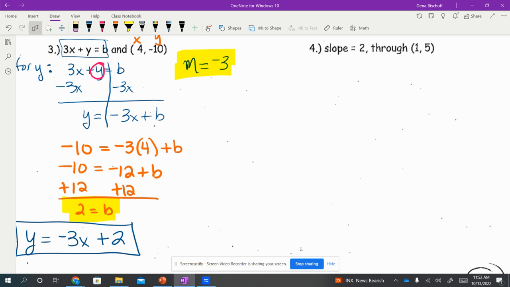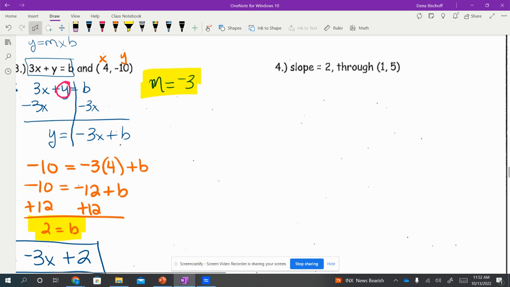So question number 4 just tells me what my m is, but it doesn't give me an equation like the other examples. What should I do?